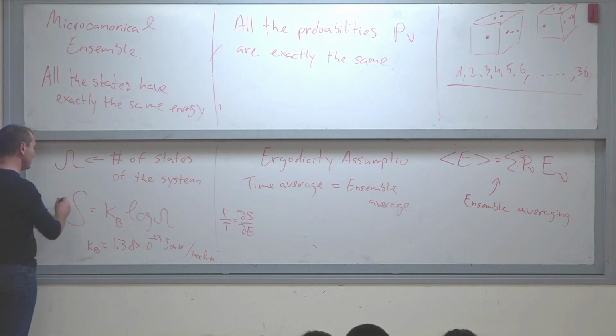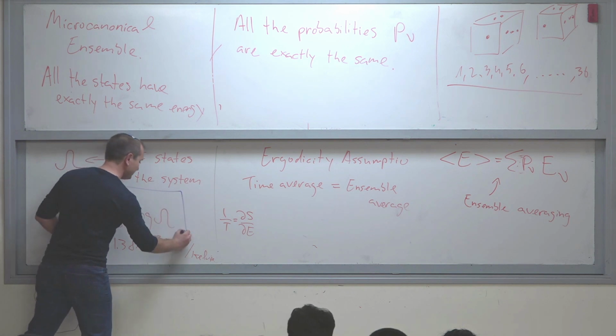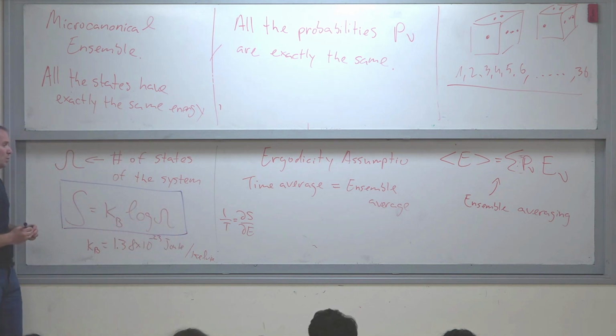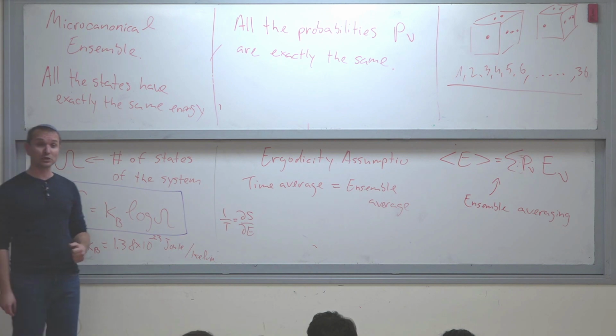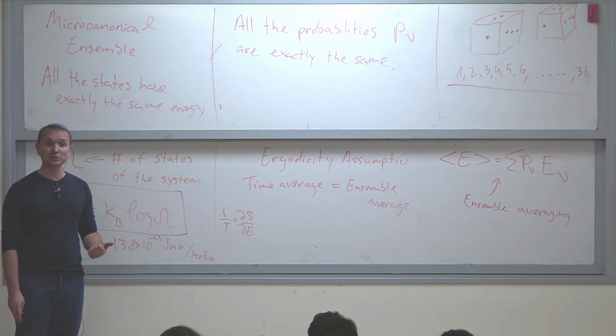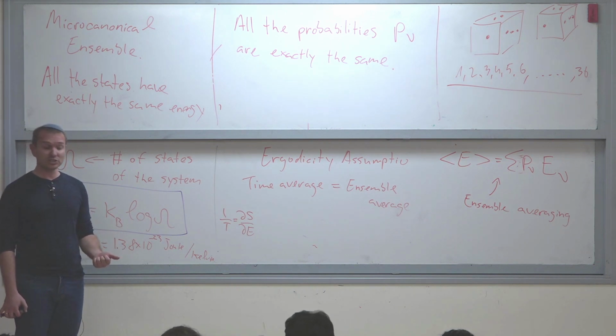So we reach this point where, for a given system, we know how to calculate different physical quantities. Entropy is already a physical quantity. It can be related to temperature, it can be related to energy.